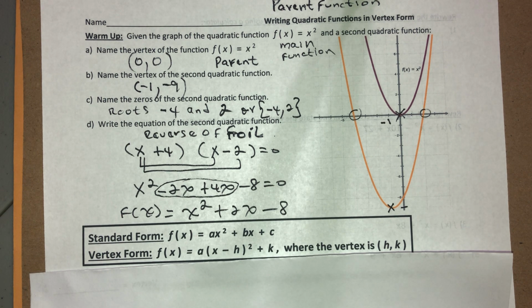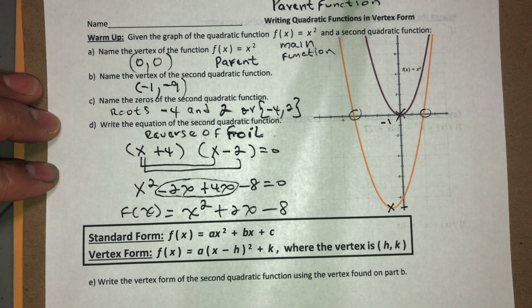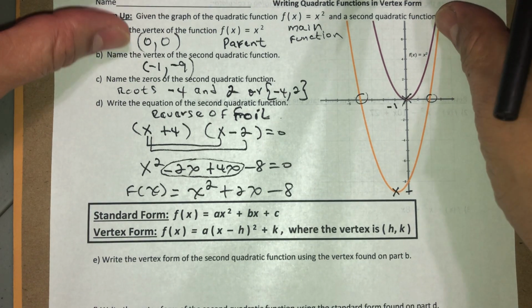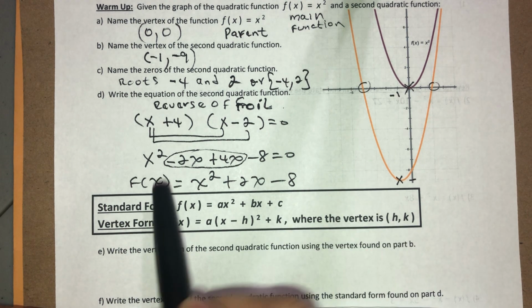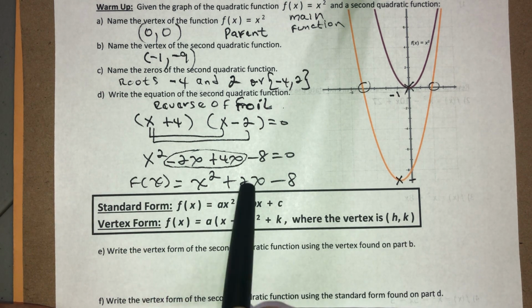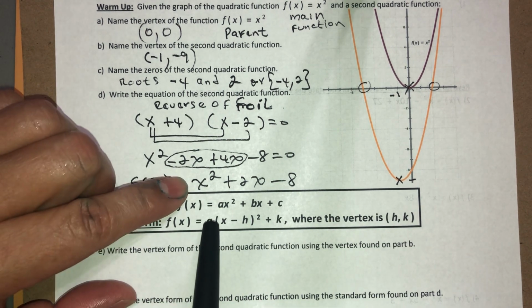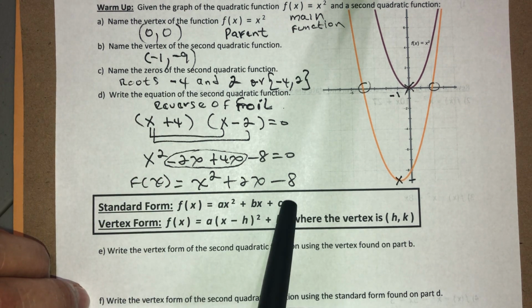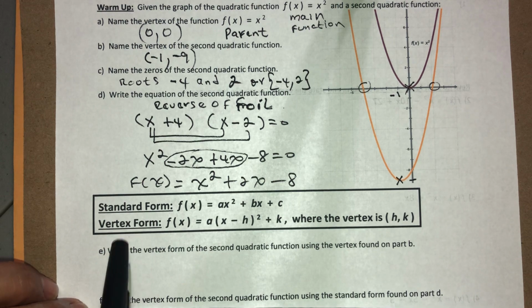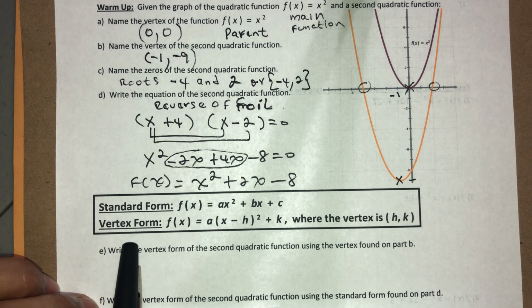Now, what I want you to understand is this. There's part E and part F, and we're supposed to do these together because you have to know what the differences are. As I told you before, this is standard form. A here is 1, B here is 2, and C is -8. Now what we're going to do today is vertex form.